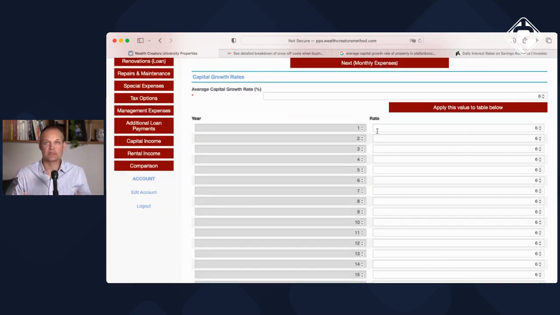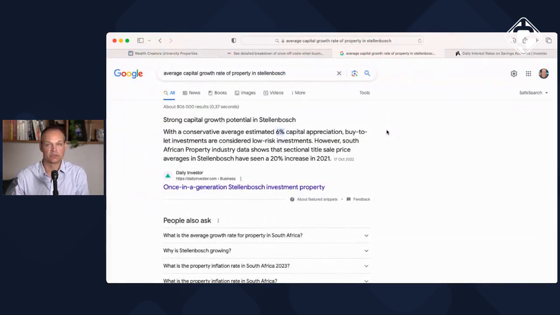Next one is a very important one, which is the capital growth rate. All that means is the average or estimated increase in the capital value of the property over a long period. And all that I did is I literally just did a bit of a Google search. 6%, as I said, was a conservative average estimate for this specific market.